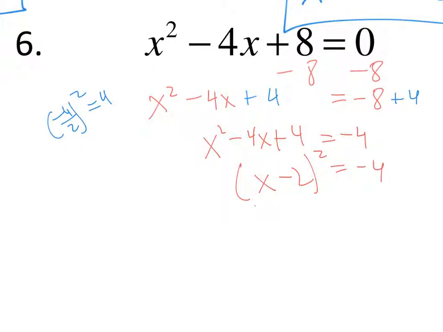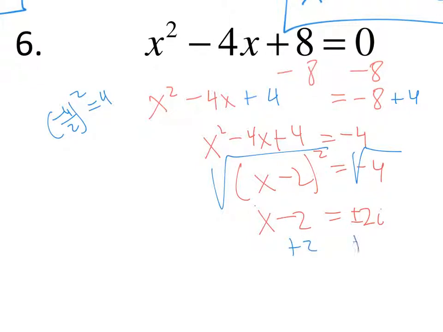Okay, and we set it up to make sure that happened, and then we want to square root both sides. And so when we square root, we get x minus 2 equals, now there's a negative there, so there's going to be an i. Square root of 4 we know is 2, and don't forget your plus or minus.